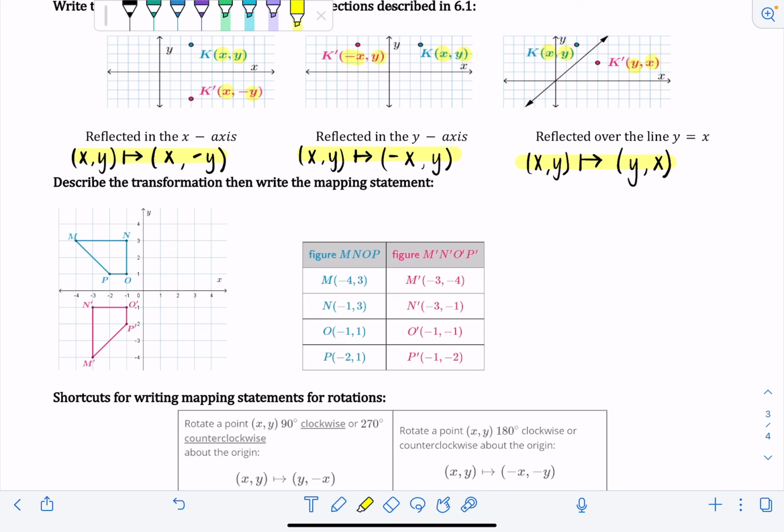Okay, so for the next line, describe the transformation, then write the mapping statement. So there's a couple different things. We can ignore the table for now. Just looking at the graph itself, you can see that from the pre-image to the image, the figure is rotating.